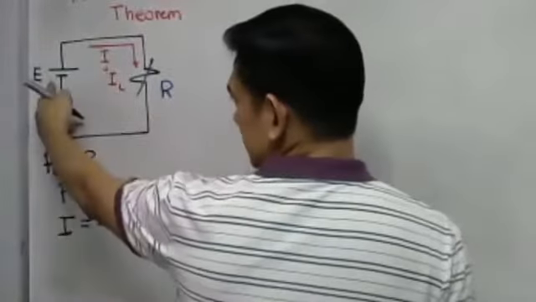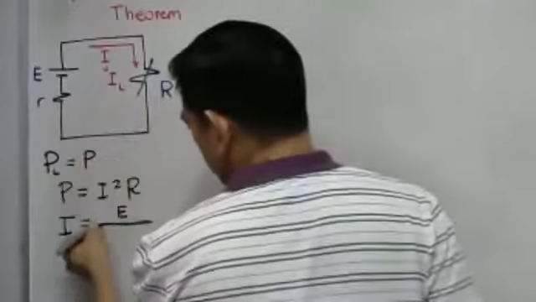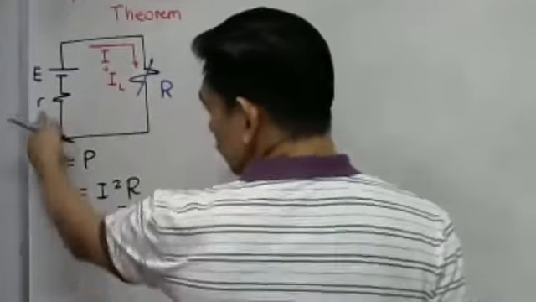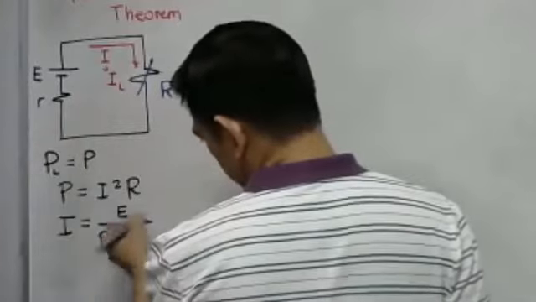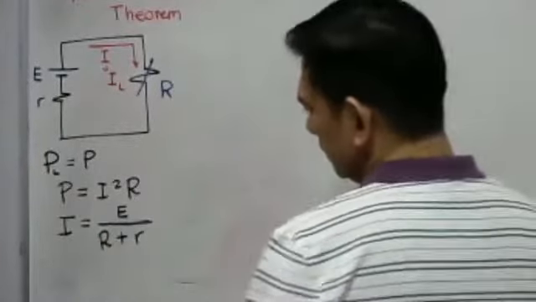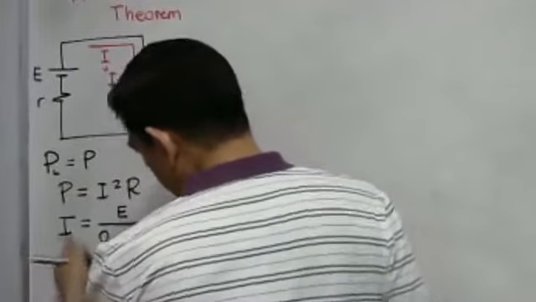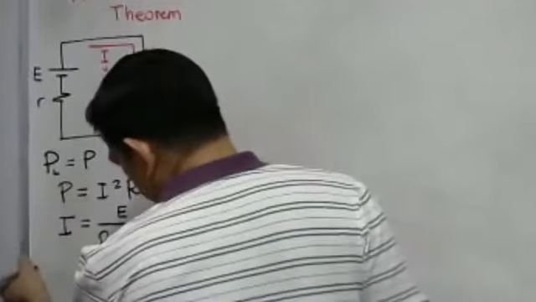Our total resistance is just the series combination of the load resistance, big R, plus the internal resistance of the battery, small r. Then let us substitute our current I in the equation of power.